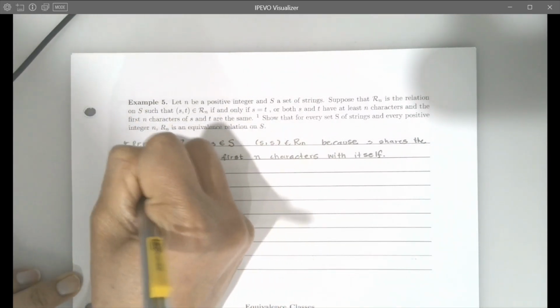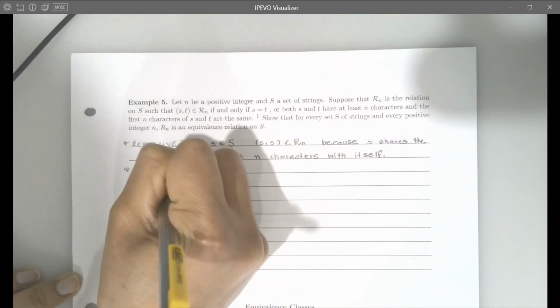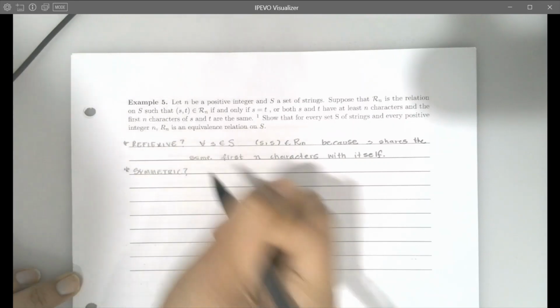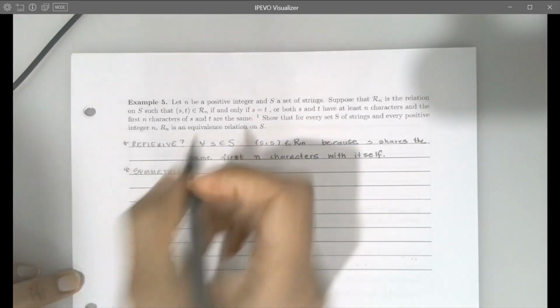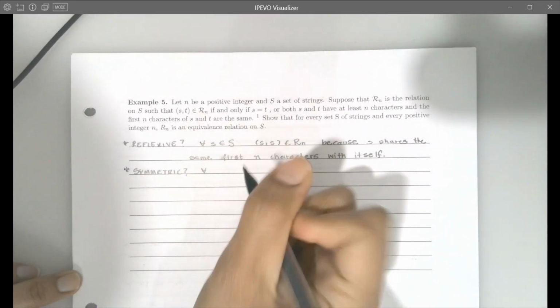Okay, is it symmetric? Well, let's see. Let's consider any two strings.